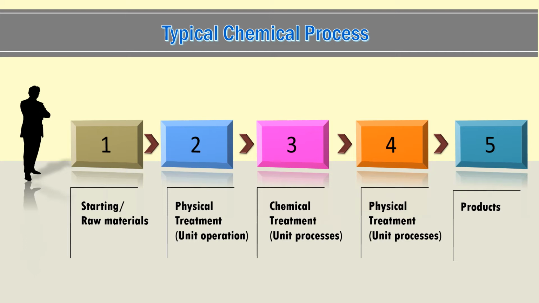We have to control all the parameters: temperature, pressure, concentration, etc. So this is the typical chemical process by which we can manufacture the chemical product.